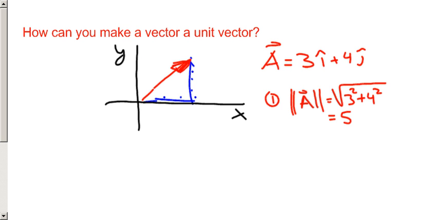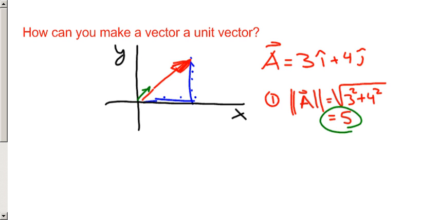No, it's too big. But all I need to do then to find a unit vector that's in the direction of A, so turning A into a unit vector, in other words, I want to get something in the same direction as A, but only of length 1. All I need to do is take a fifth of A to get rid of that 5.